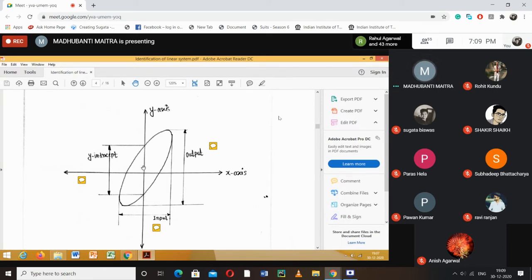And this length is called the y-intercept. So from the diagram, it's clear which one is the output, which one is the input, and which one is the y-intercept. This is the intersection of the ellipse with the y-axis at this point. The second point is this one. So this length is known as the y-intercept. Clear? So this will be denoted by 2C.